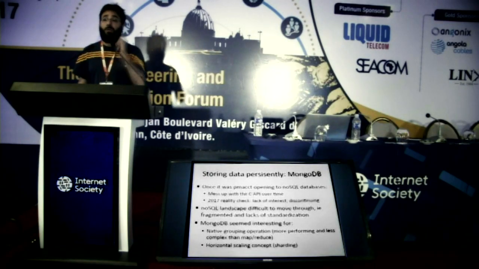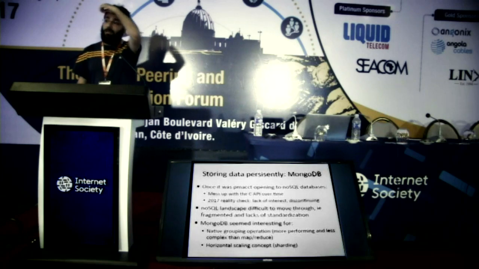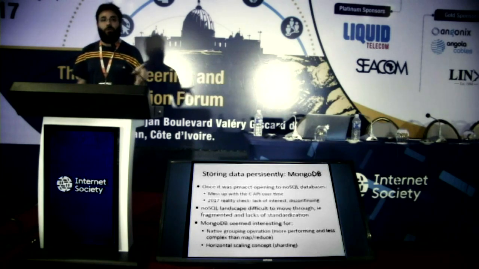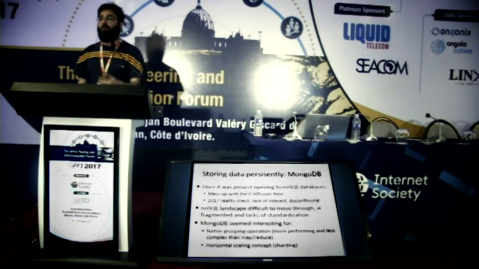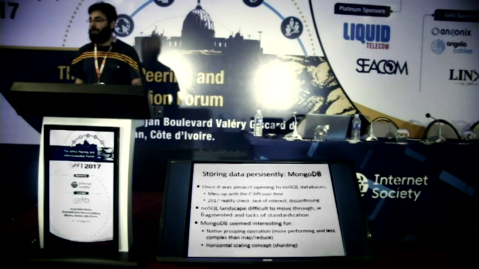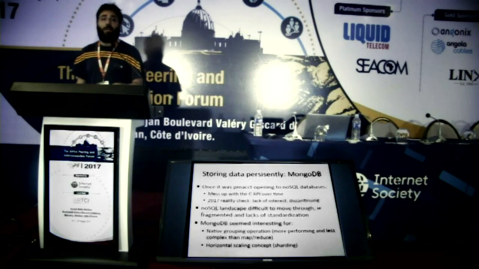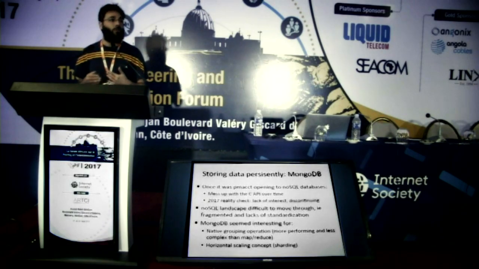MongoDB was mentioned on one of the initial slides, and it was like a pmacct opening many years ago to the NoSQL databases. But let's say this is going to be discontinued because of lack of interest. Because one phenomenon in the NoSQL databases is that they are being recycled very quickly, right?